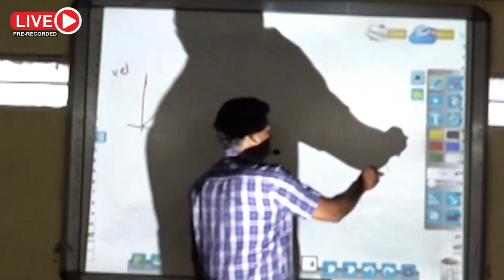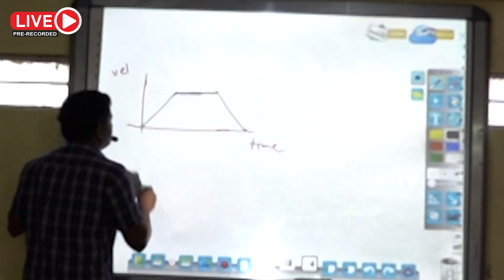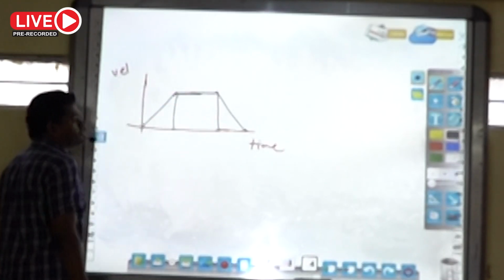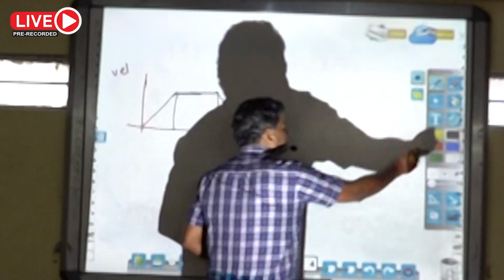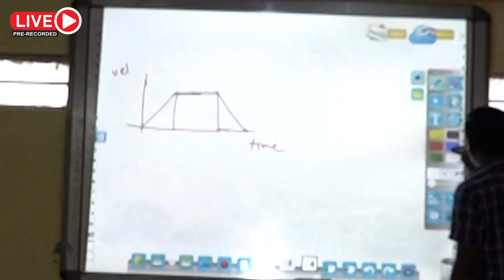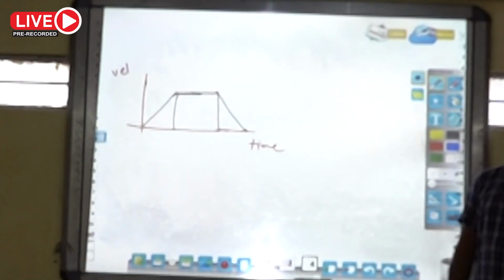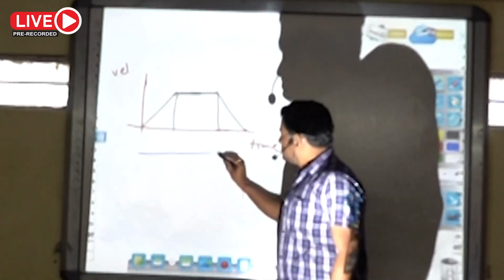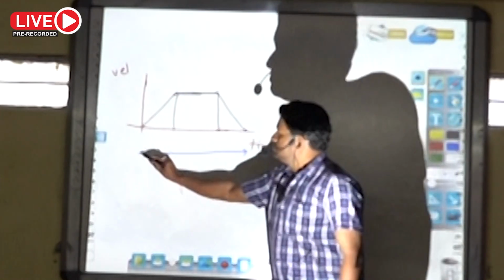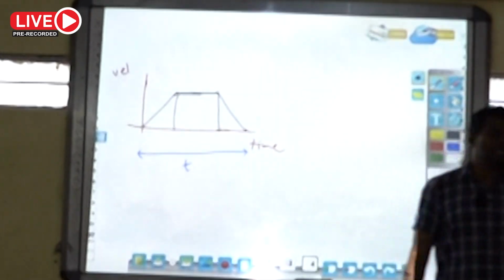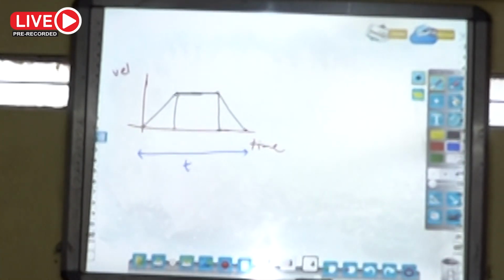Now let us consider, I will split these things into parts. See, now I will make certain arguments. First, I consider that the entire time given for the motion is small t, suppose.